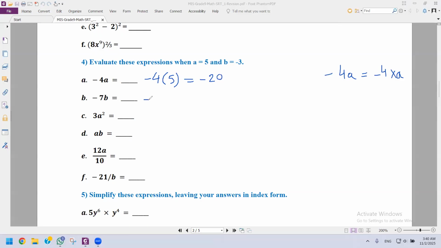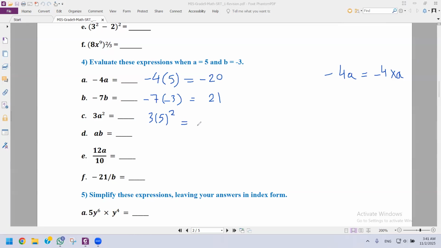Good, next one. Minus 7 in bracket, what is b? It's minus 3. Minus times minus is plus, 7 times 3 is 21. But that plus, we don't have to write it. We can remove it. It's 21. Now, 3, what is a? 5. I prefer to put it in a bracket, and then a to the power of 2.